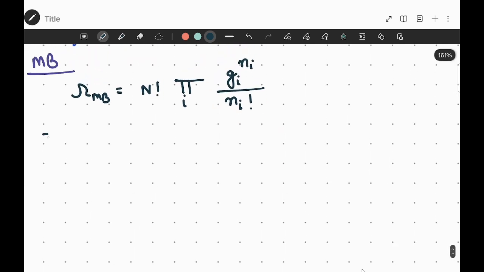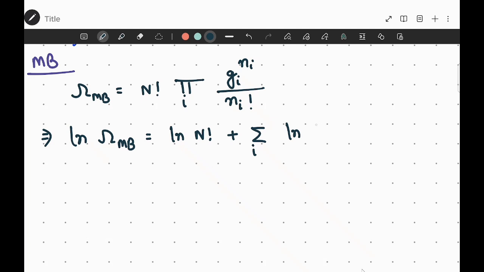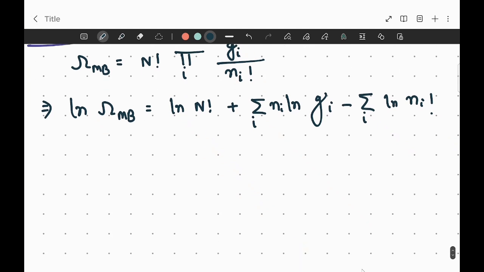So here also we will consider ln gamma. So it will be now ln n factorial plus summation over i of ni ln gi minus summation ln ni factorial. Is it clear? Now we will apply the Stirling approximation.